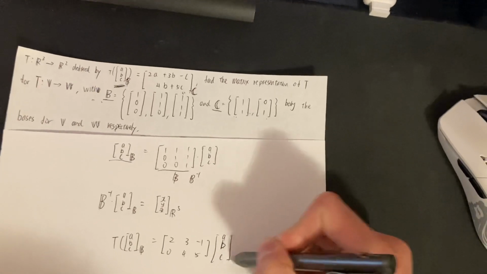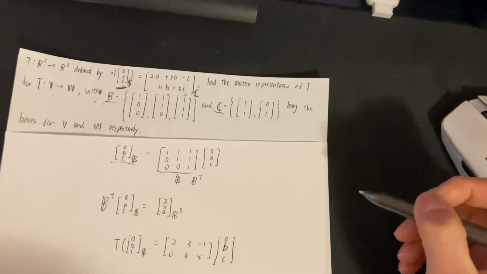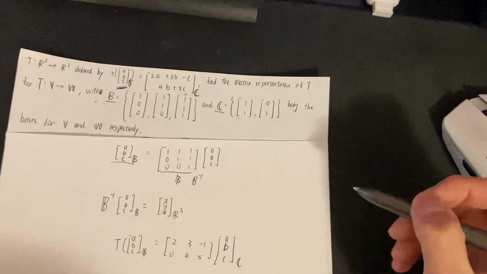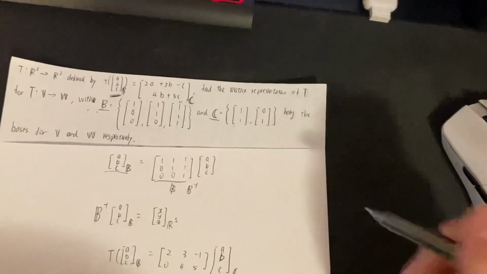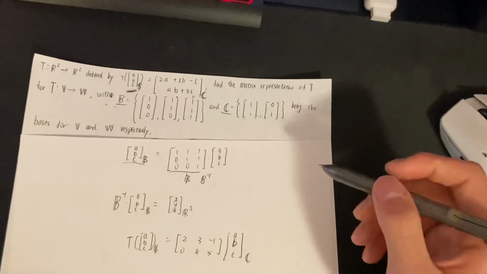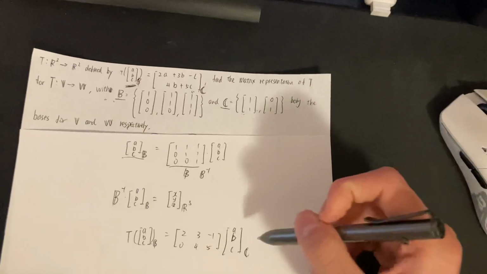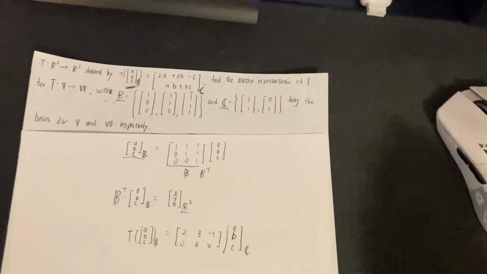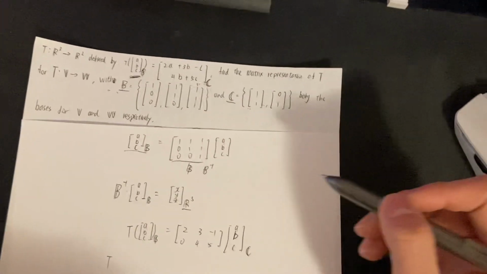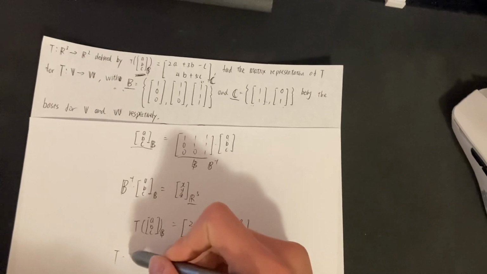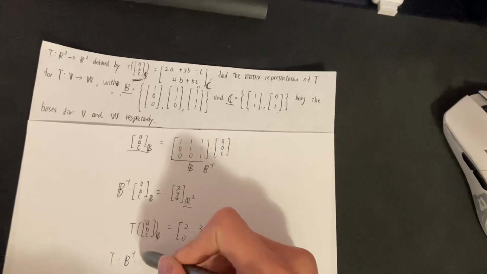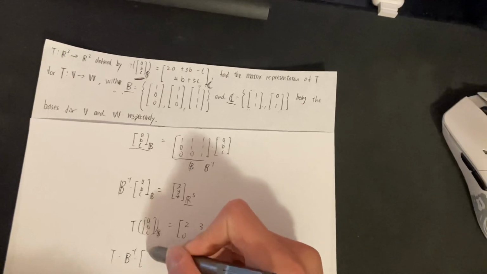Just matrix multiplication with respect to C. This whole thing, we want it to be the elementary, so that we can solve the equation. To write it as the elementary, you can times by the inverse of its basis. Okay, and then you can get the elementary.